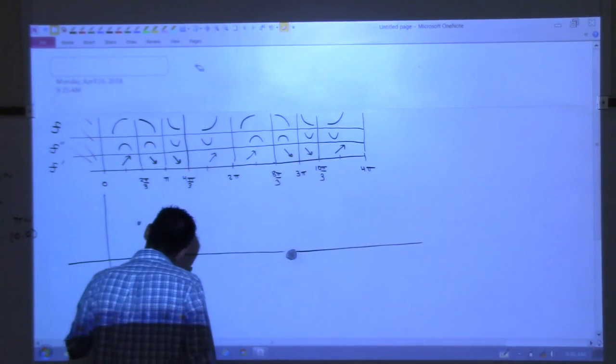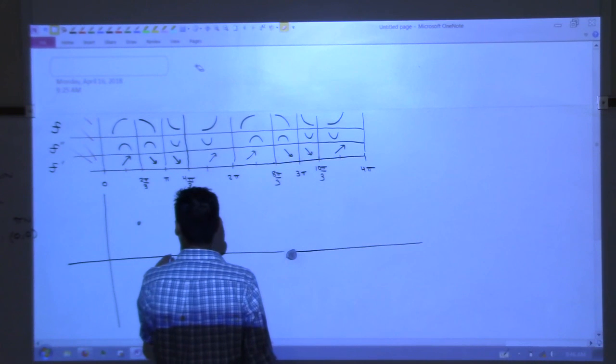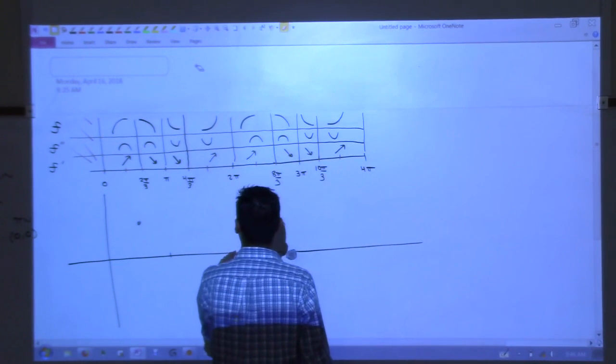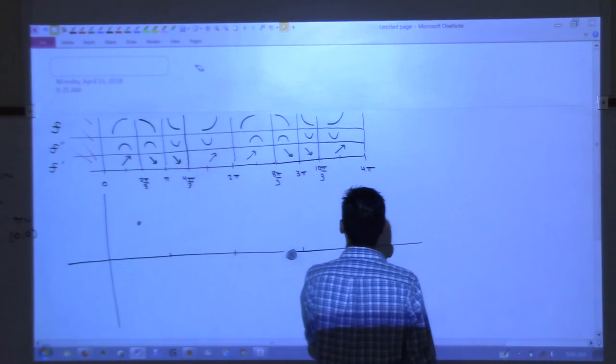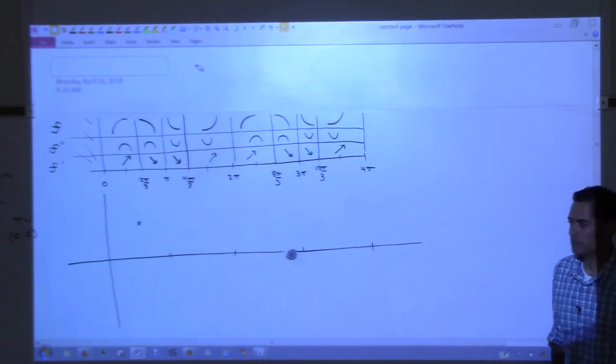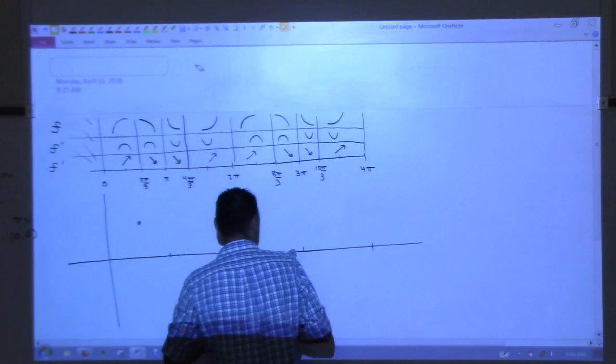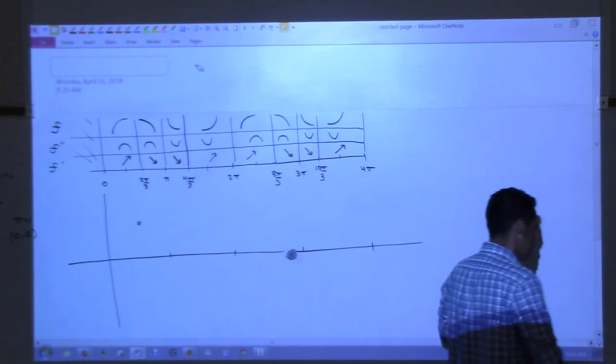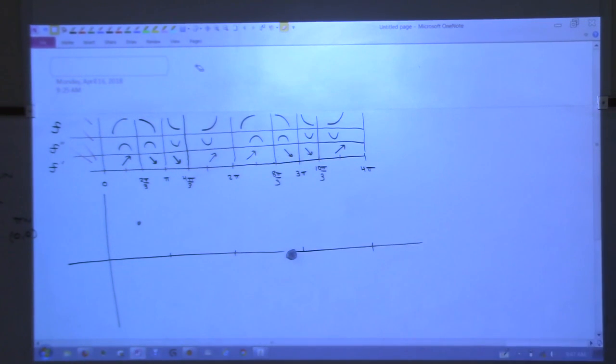Here's my X and Y axes. I'm going to go back to the beginning. We had some X intercepts, didn't we? Weren't they at every multiple of pi? Yep. So I'm going to start putting points. Let's start putting the actual points of my graph up here.